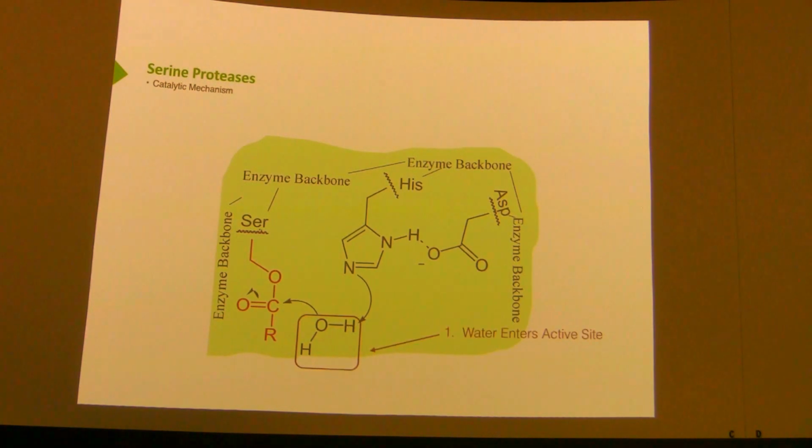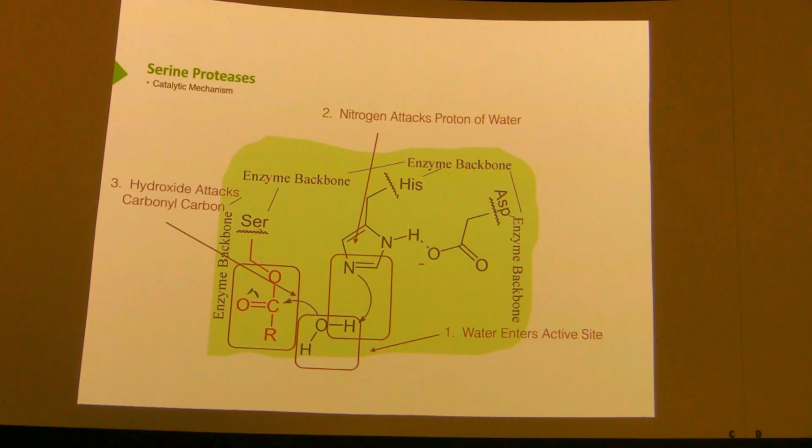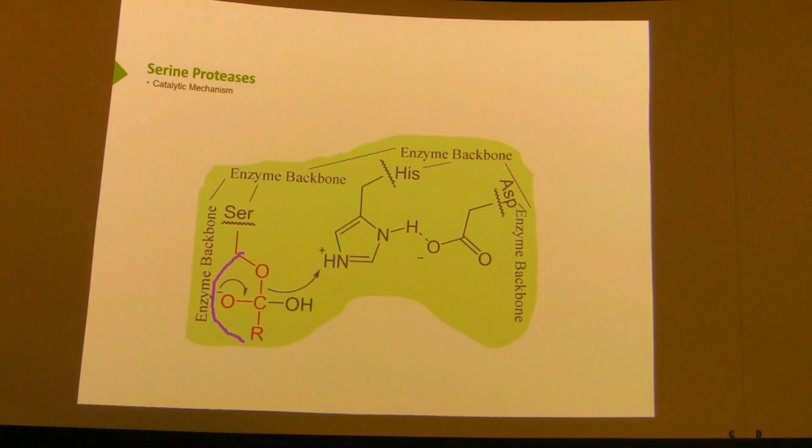All right? Water's entered the active site. Nitrogen attacks the proton of water, pulls it off. The hydroxide attacks the carbonyl carbon. Okay? And we see the same tetrahedral intermediate that we saw before. But now when this one falls apart, it's going to fall apart at the serine because there's no other polypeptide chain attached to it.